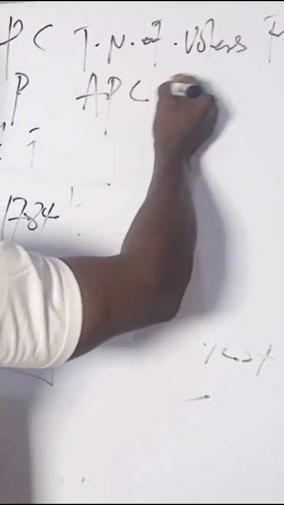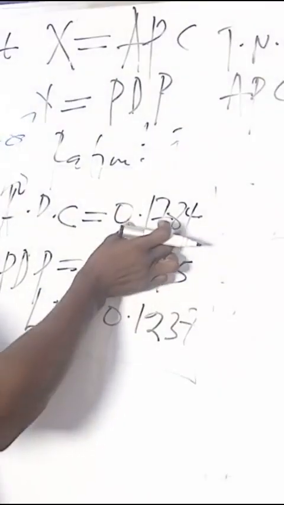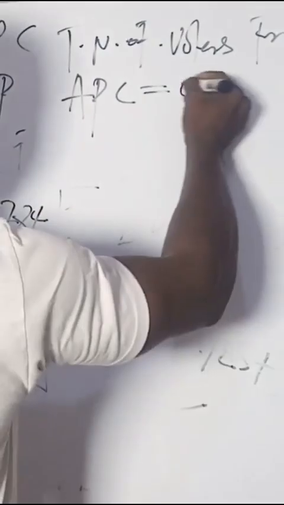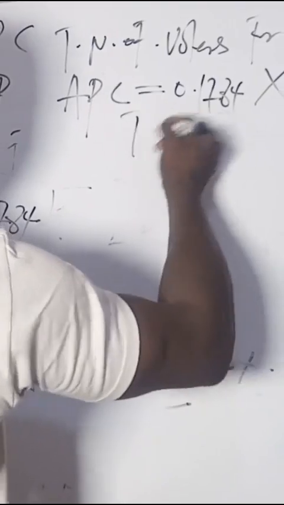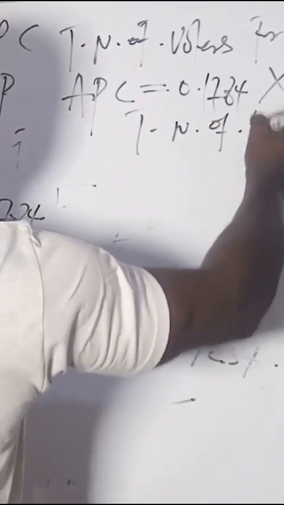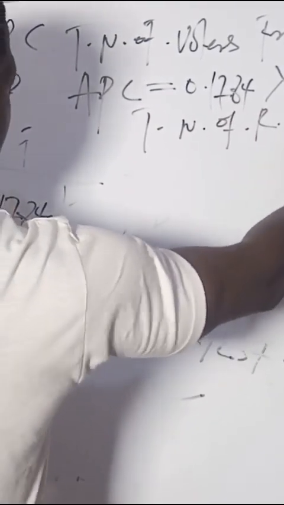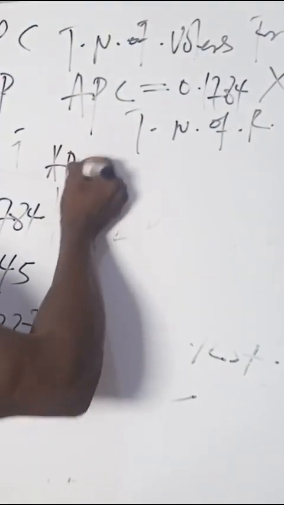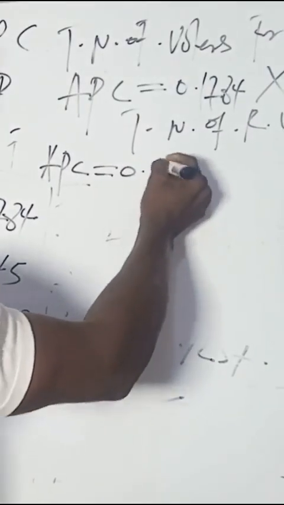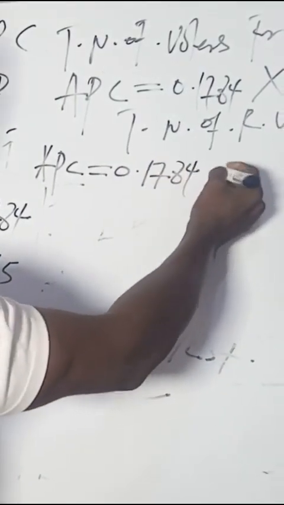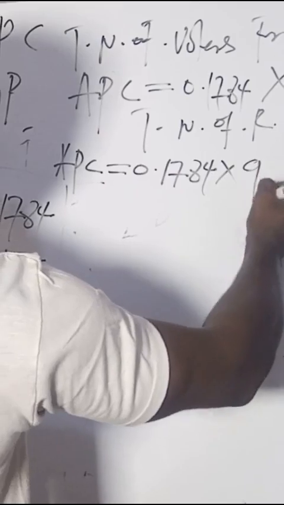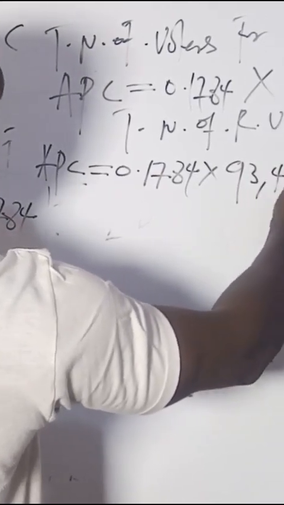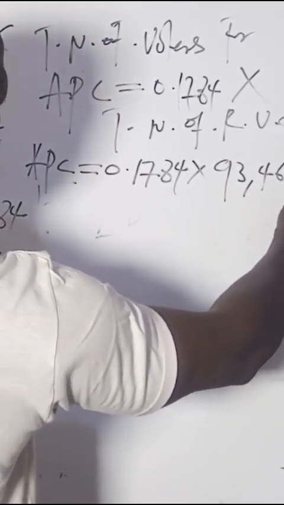The total number of voters for APC will be equal to the ratio of APC, which is 0.17814, times the total number of registered voters cards. So APC gives us 0.17814 times 93,460,000.